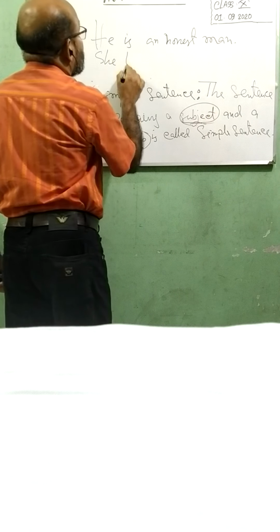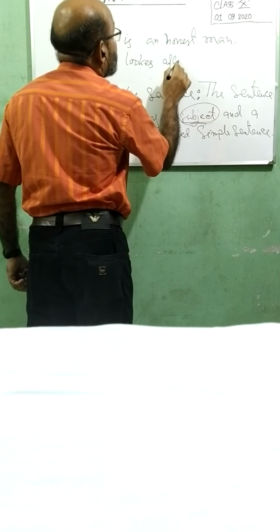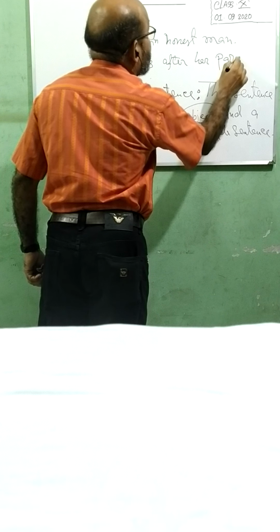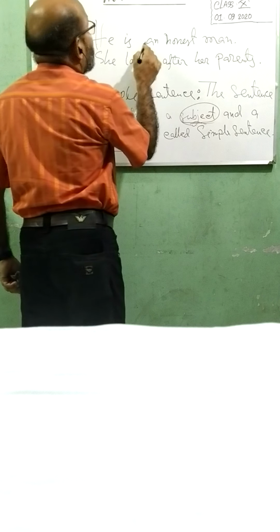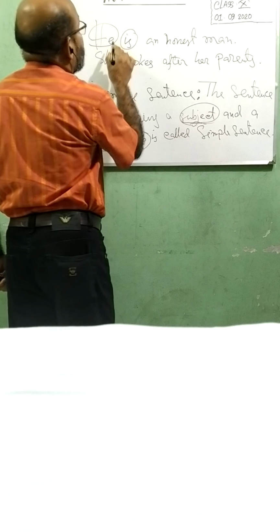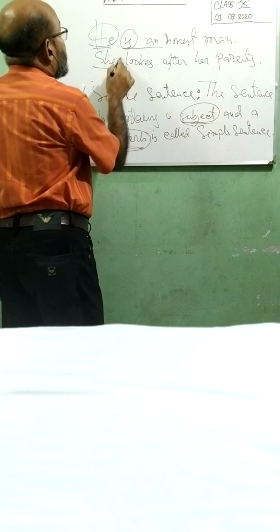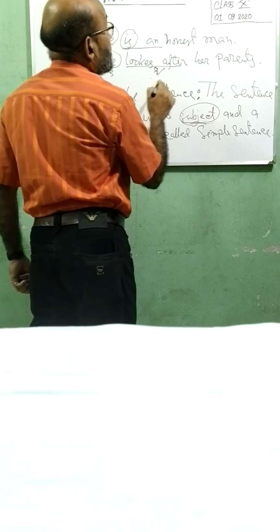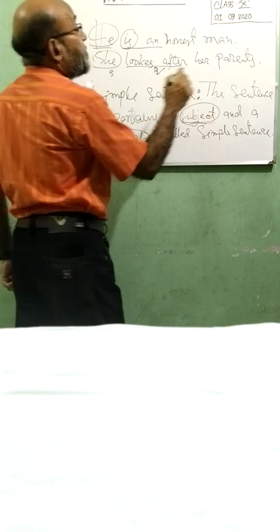She looks after her parents. In the above sentence, he is the subject and is is the verb. So, it is a simple sentence. She, subject, looks after, verb. So, it is also a simple sentence.